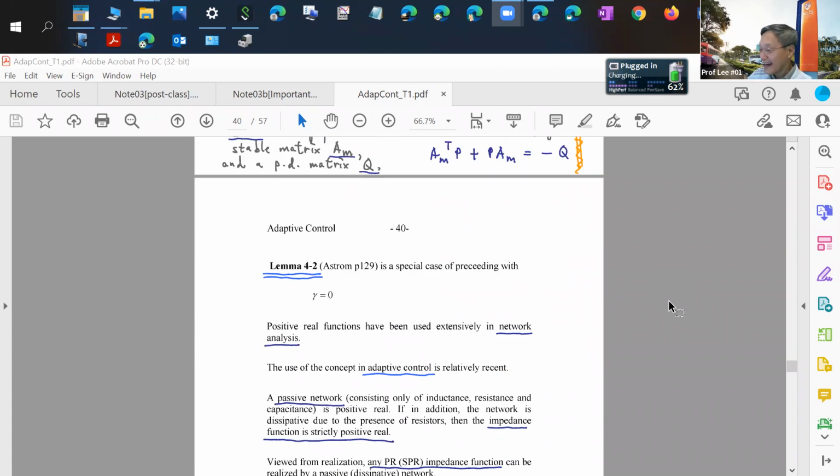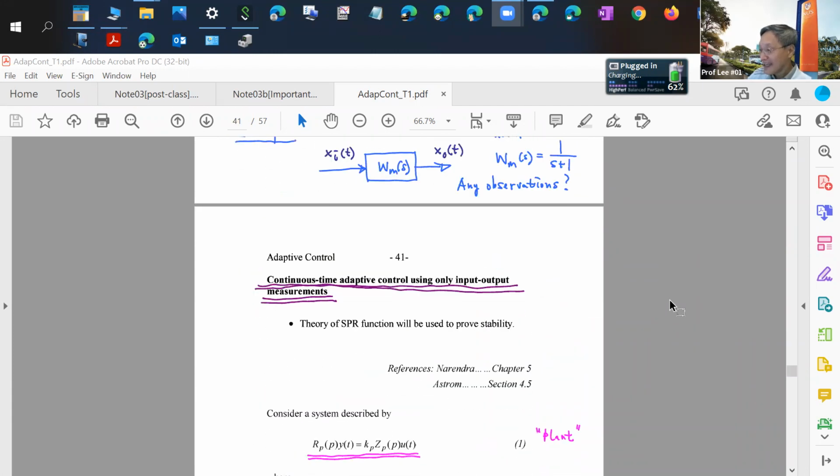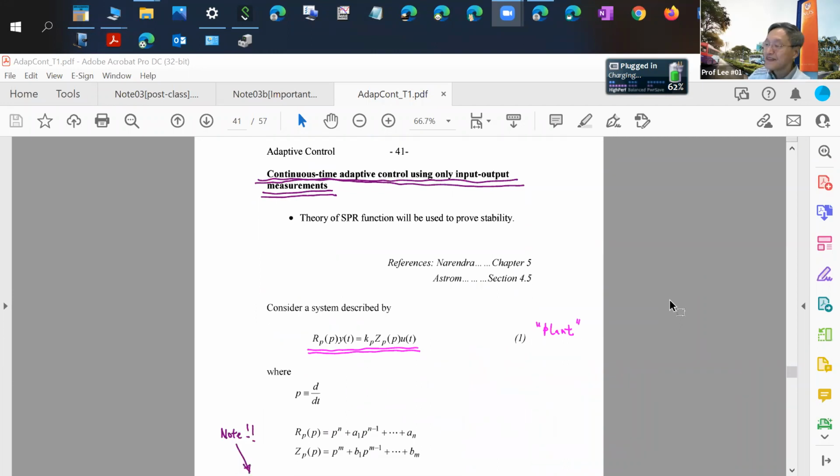With that, we made sure we had all the suitable supporting mathematics ready. Then we began to pose and formulate this problem of adaptive control using only input-output measurements.